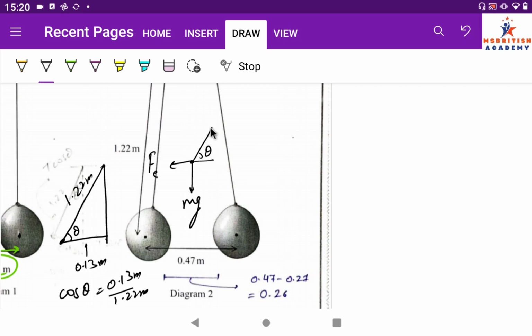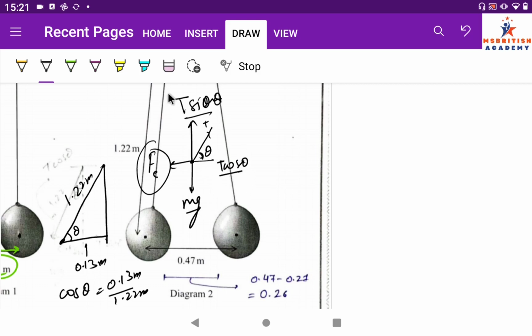So this tension force will be broken down into two components, T cos theta and T sin theta. So from here we can say mg is equal to T cos theta, and the electric force is equal to T sin theta.